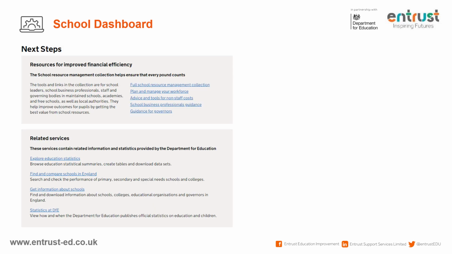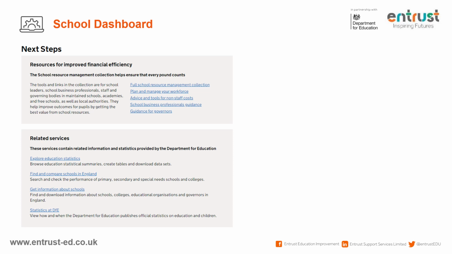Below the more traditional benchmarking graphs are some further guidance to help schools improve their financial efficiency. Each of these resources can be navigated to by selecting each of the links. There is information on planning and managing a school workforce, advice and tools available for non-staffing costs, and guidance for governors.